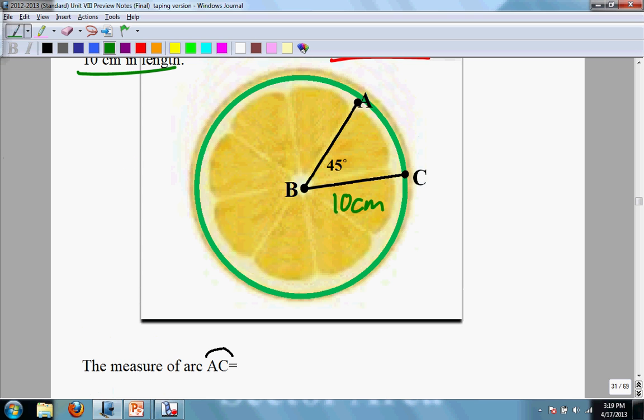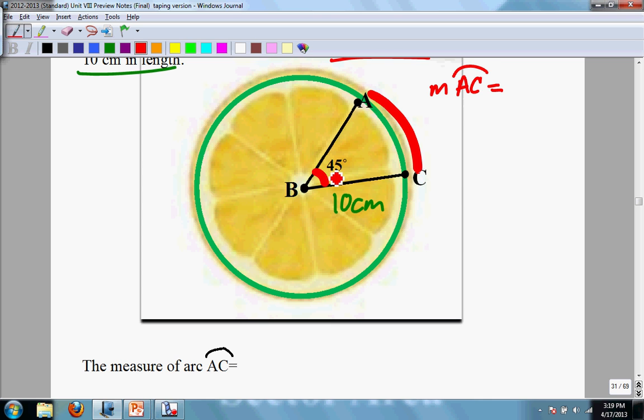The measure of the arc, our central angle, is 45. So the arc AC, we write it like this: measure, M, arc, A to C. Measure has to deal with curvature, which is a degree concept, not a length concept.